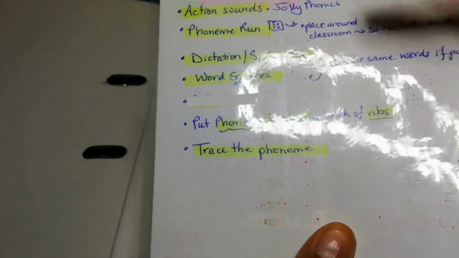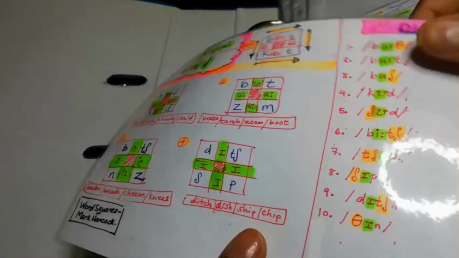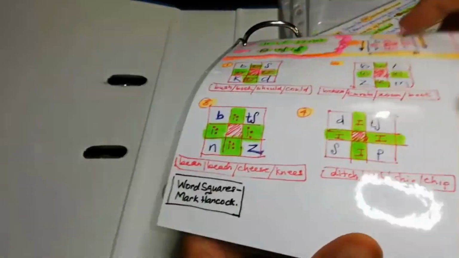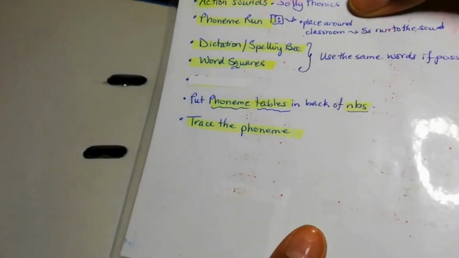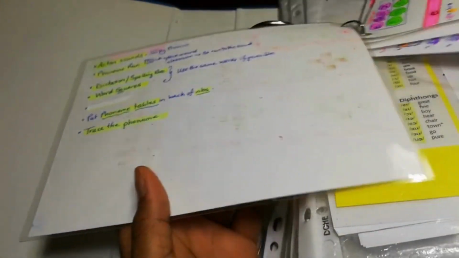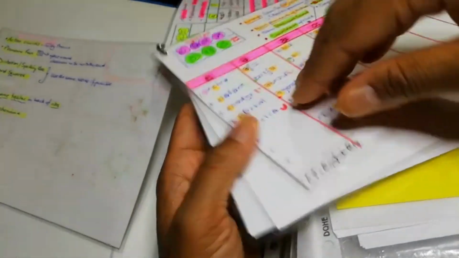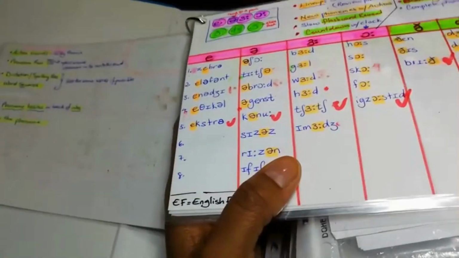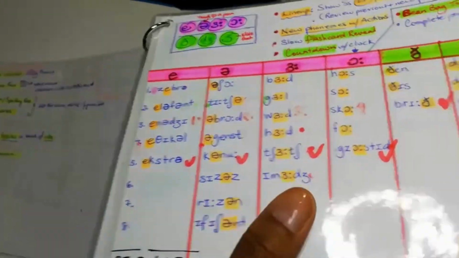I can do the dictation or spelling bee, the one that's here, and I can also do the word squares. I can do a trace the phoneme game. One student can stand, two students can stand, and one can trace the phoneme on their back, and they've got to recognize the phoneme that's being traced.